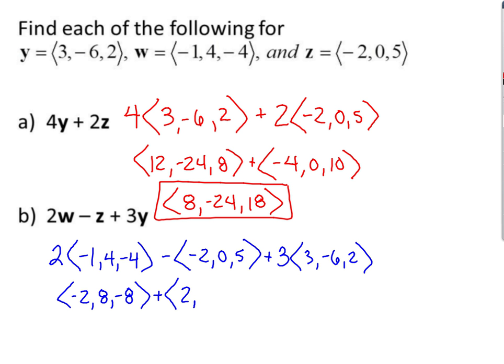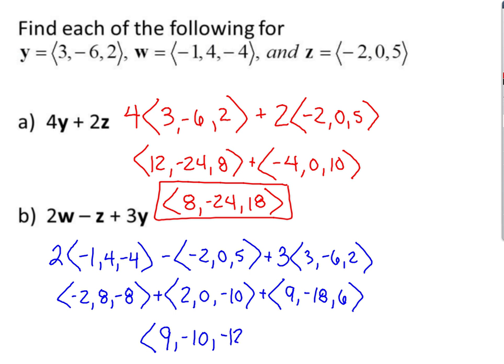Negative times negative gives us positive. We add these components together. Negative 2 plus 2 is 0, plus 9 gives us 9. 8 plus 0 is 8, plus negative 18 gives us negative 10. And negative 8 plus negative 10 is negative 18, plus 6 gives us negative 12.